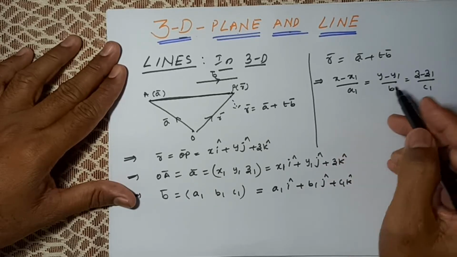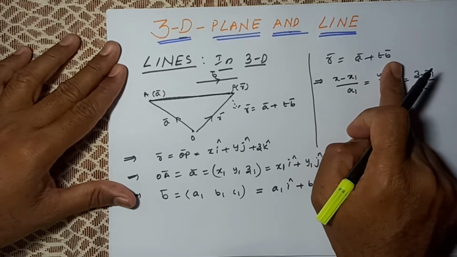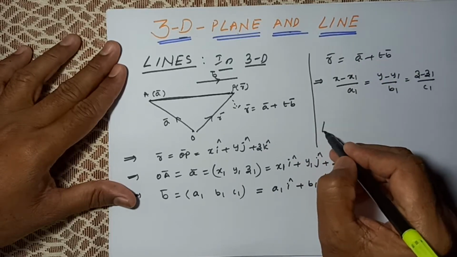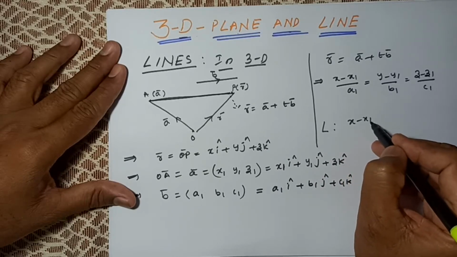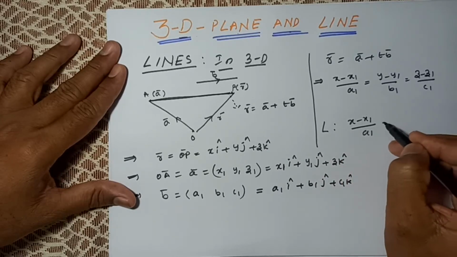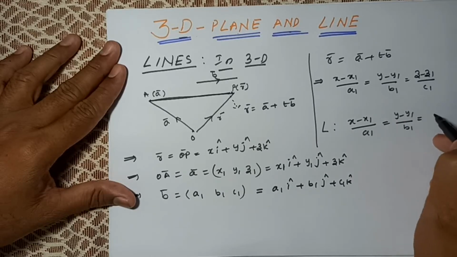So this is the line equation, that is R bar is equal to A bar plus t B bar. So this is the line equation L, x minus x1 by a1 is equal to y minus y1 by b1 is equal to z minus z1 by c1.